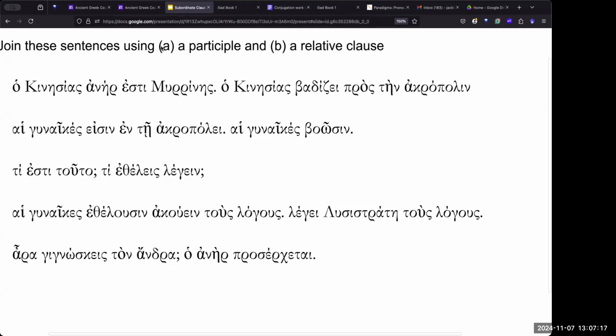And the second sentence is Kinesias is walking, or sort of promenading, toward the Acropolis. So you're going to join these two, replacing one word with the relative pronoun to join the two sentences. What would it be? You're joining the two sentences.